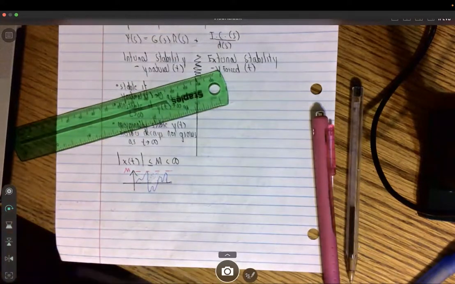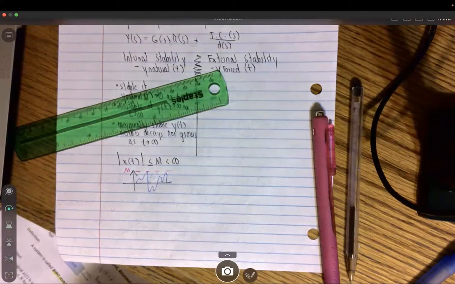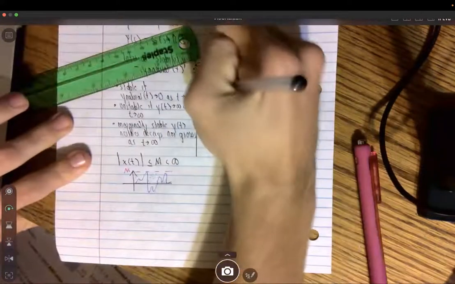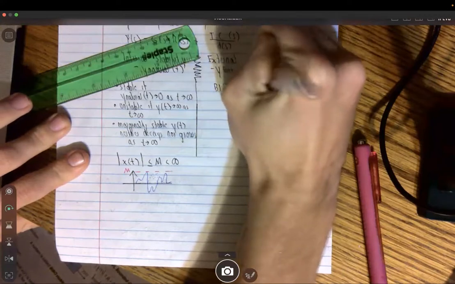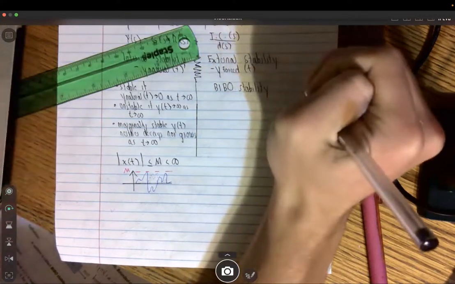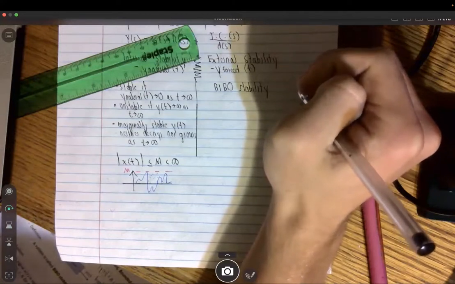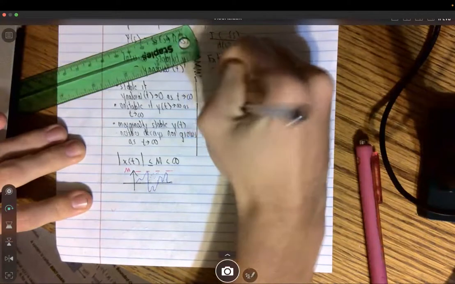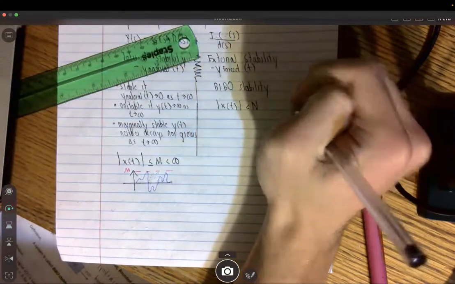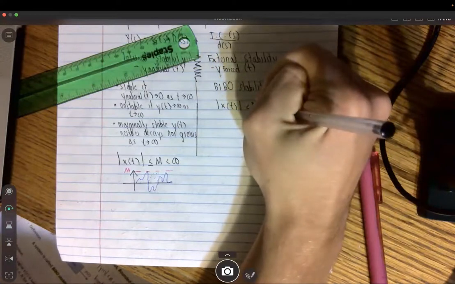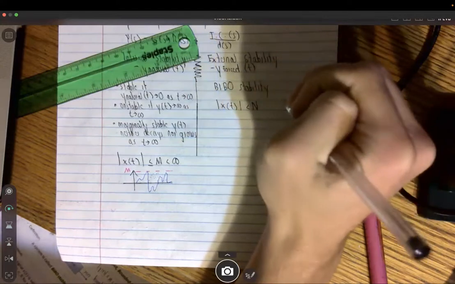And now when we talk about external stability, it's also known as the bounded input, bounded output stability. For every bounded input, you're going to get a bounded output. That's what it means. So what you need to do is your x of t is basically going to be less than n. And so there's going to exist a constant such that x of t is less than that constant for every value of time.